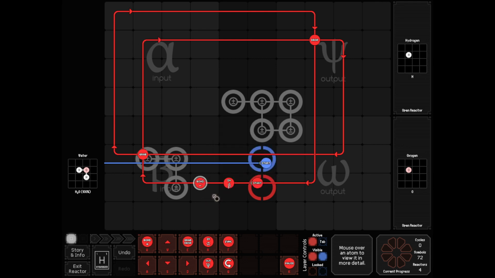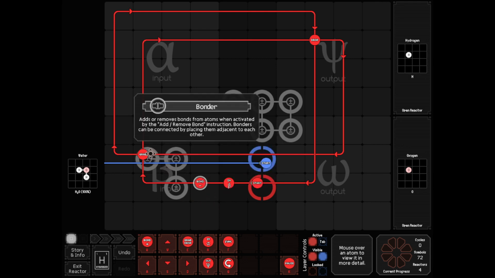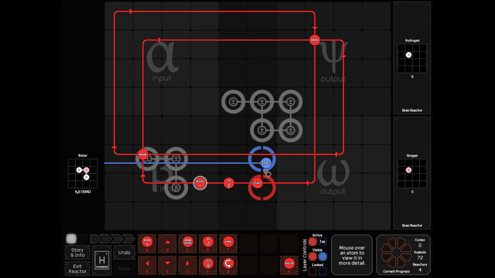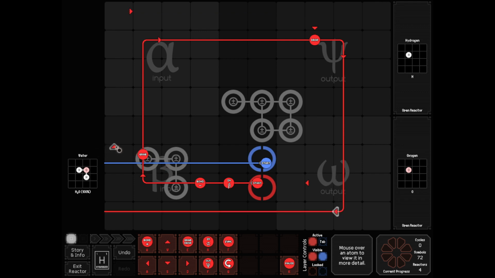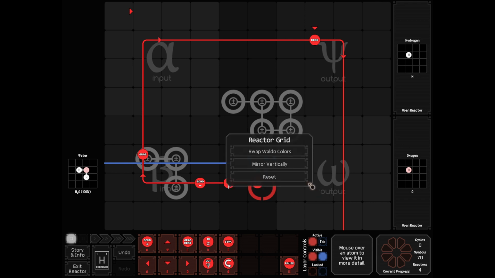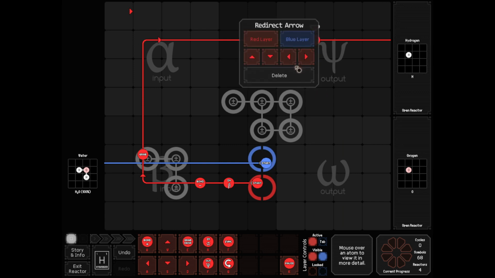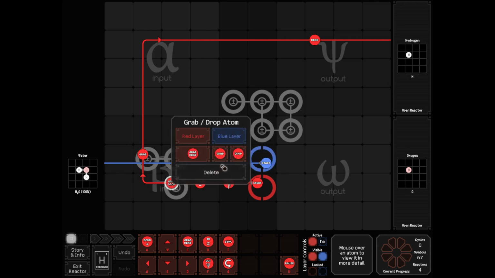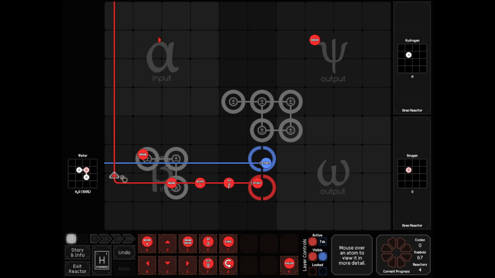Let's do our debond. Grab. Why did I do that? No, that's not right. Hold up. Let's just delete all of these and start over, because I'm doing something very silly here. Let's not have the hydrogen atoms collide with each other. So that means that we want to grab here first and do that. There we go.